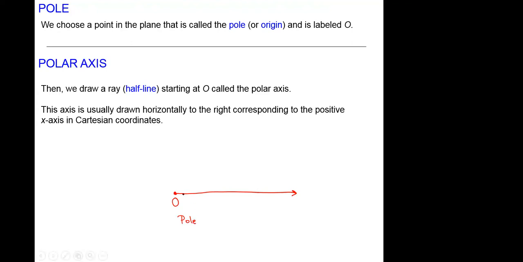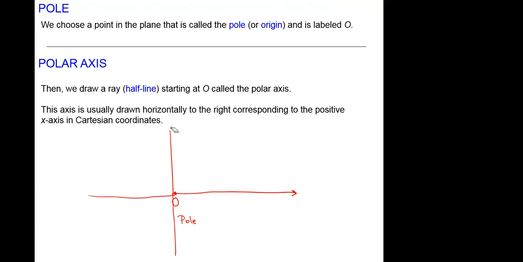This is the pole, and this is half of a line, which we might correspond to the positive part of the x-axis from the Cartesian coordinates. I can add the y and I can add the negative part.